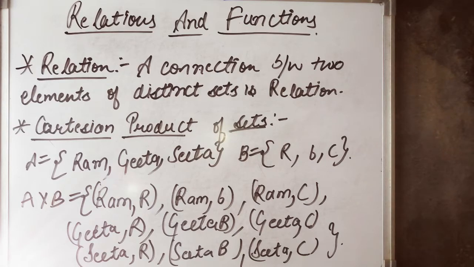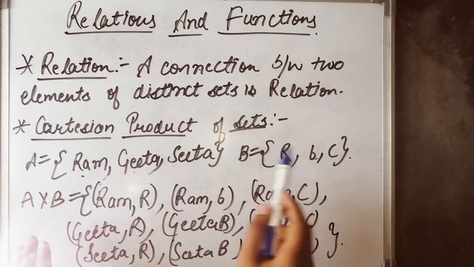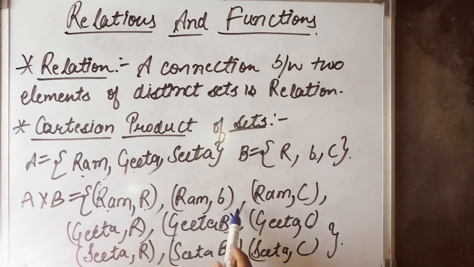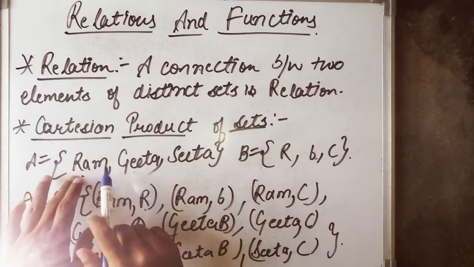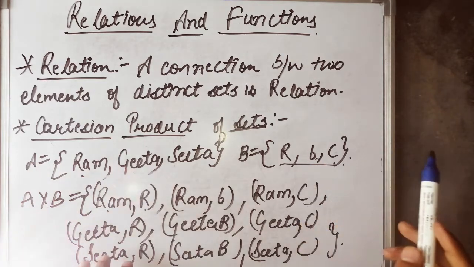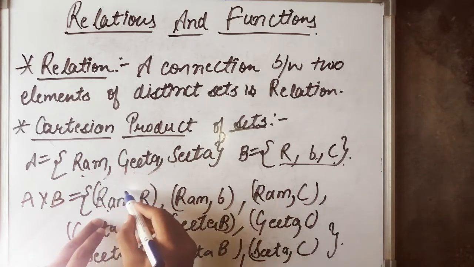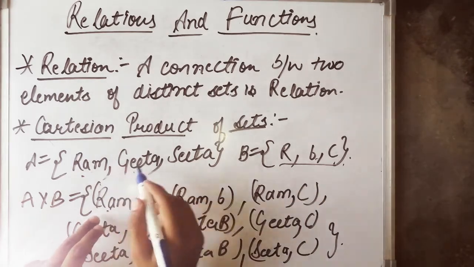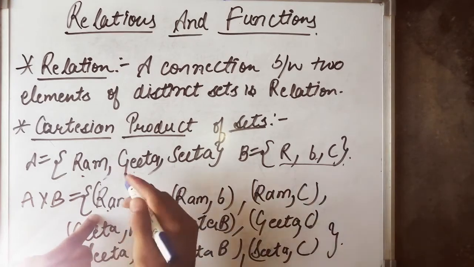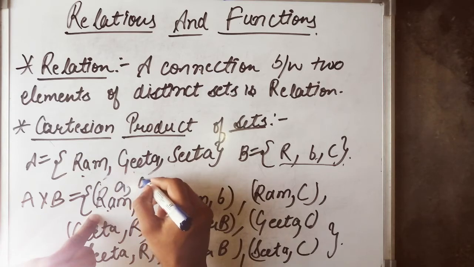Cartesian products give us ordered pairs. Look here, Ram R, Ram B, Ram C. Ram is related with all the elements of these sets. Gita as well and Sita as well. Students, assume Ram as a and R as e.